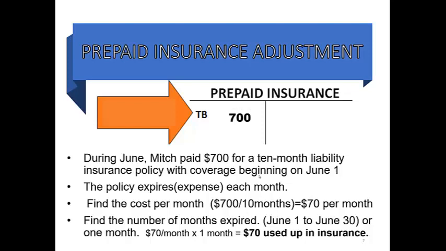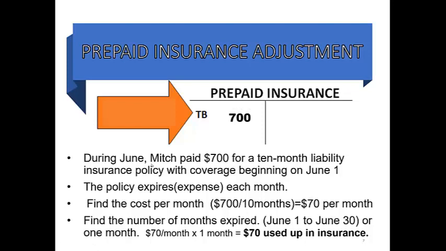So if it costs $700 and it lasts 10 months, that policy is costing us $70 per month. The next step is to figure out how many months have expired. So he purchased this during June, so from June 1st to June 30th is just 1 month.